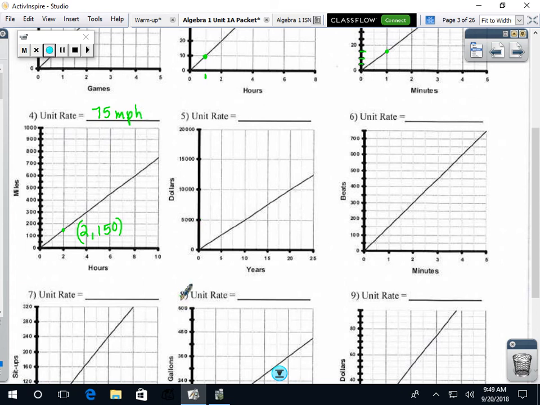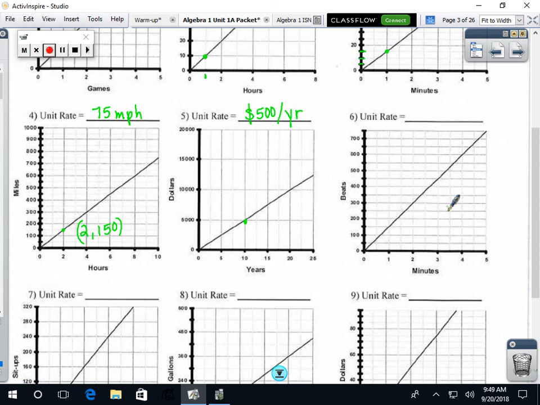All right, number 5, where would be a nice point for this one? 10 and 5,000, and so you do 5,000 divided by 10, and that gives you $500 per year. All right, number 6.